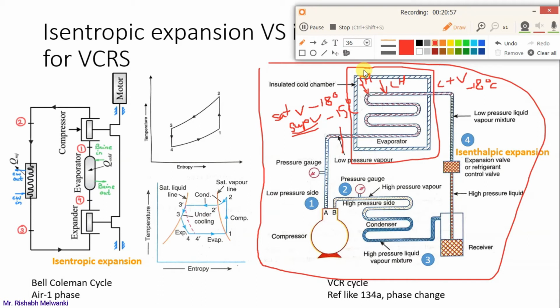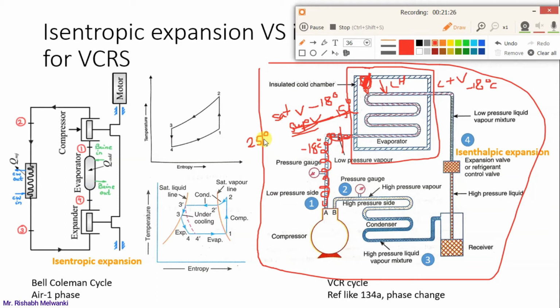Now sometimes this is not the case. There is no sensible heat being picked up by the refrigerant, and it is saturated vapor only at the exit. But sometimes the line from the evaporator to the compressor is not insulated. This line should be insulated. If it is not insulated, whatever refrigerant is inside, its temperature is minus 18 degrees Celsius, and the outside atmosphere is at 25 degrees Celsius.